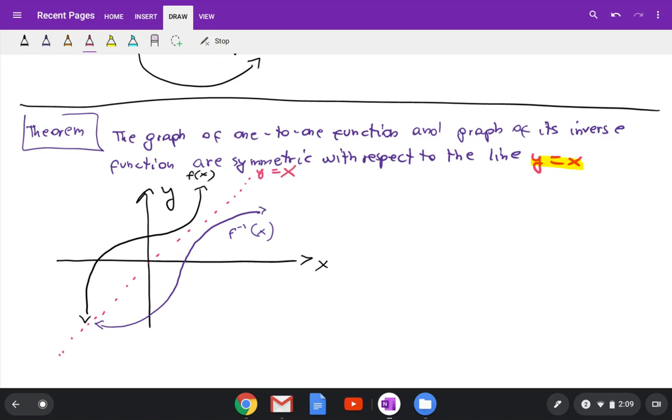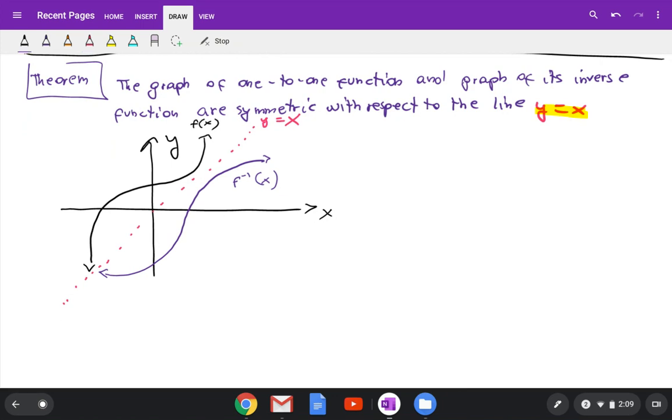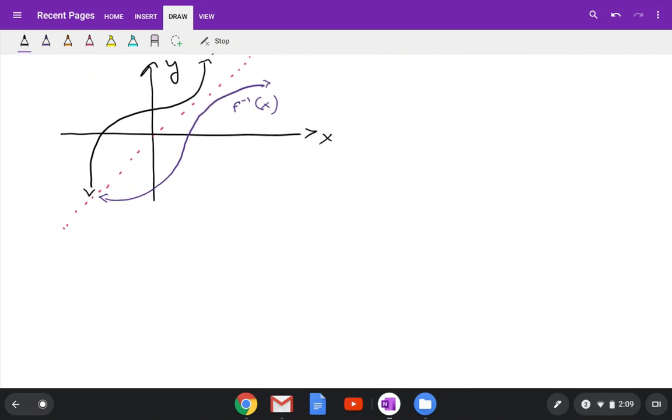Okay, so let's do one example using that theorem. I'm going to use your textbook, page 421, exercise 45. If you have a textbook in front of you, you don't need to copy this part.